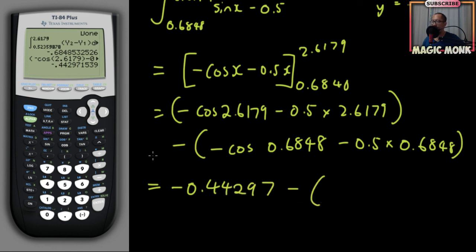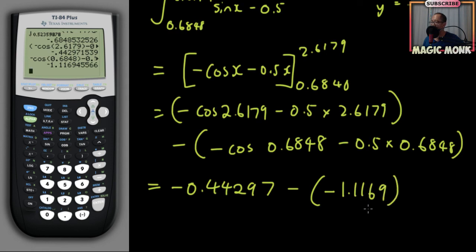Minus, and then I'm going to go negative cos 0.6848 in bracket minus 0.5 times 0.6848, and then I'm going to get minus 1.1169.